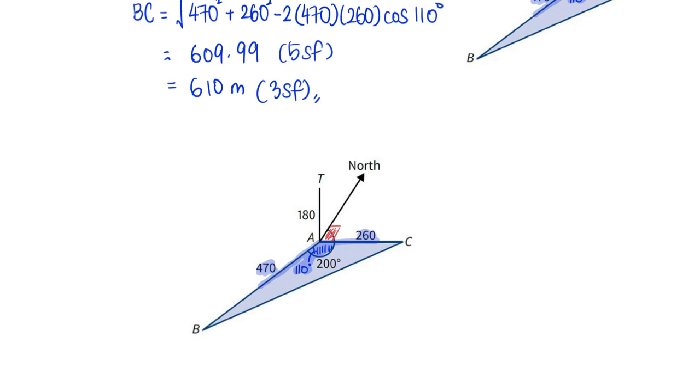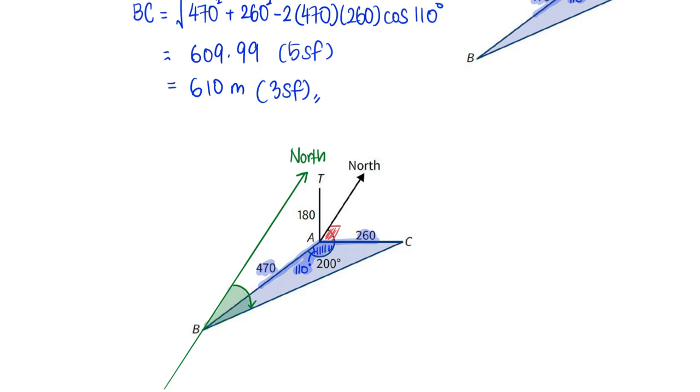I'm going to use green color for the north arrow at point B. So this is also the north arrow. They want the bearing of C from B, meaning from the north arrow, and I will have to stop at this. So this will be the bearing that we will need to find.